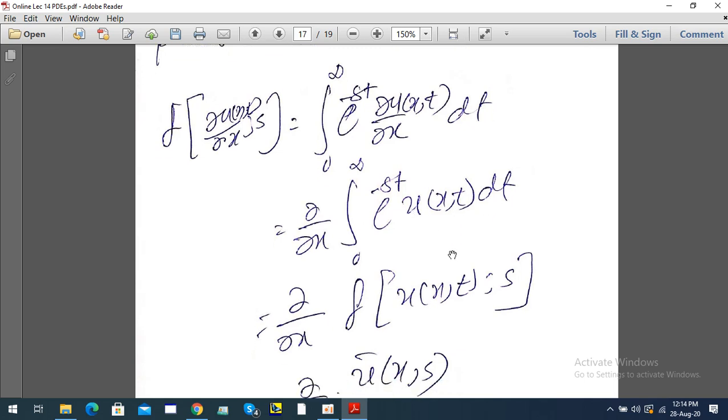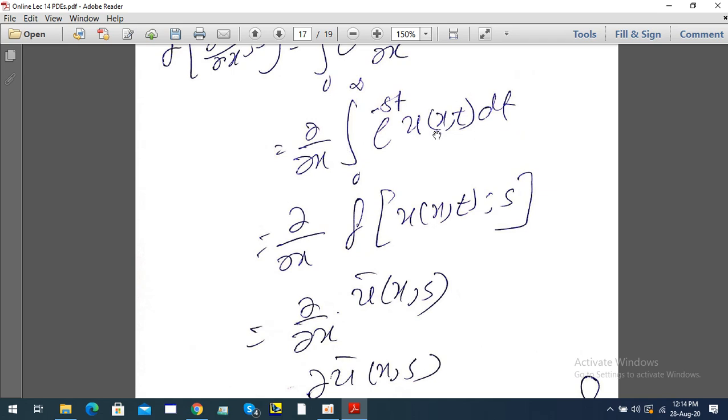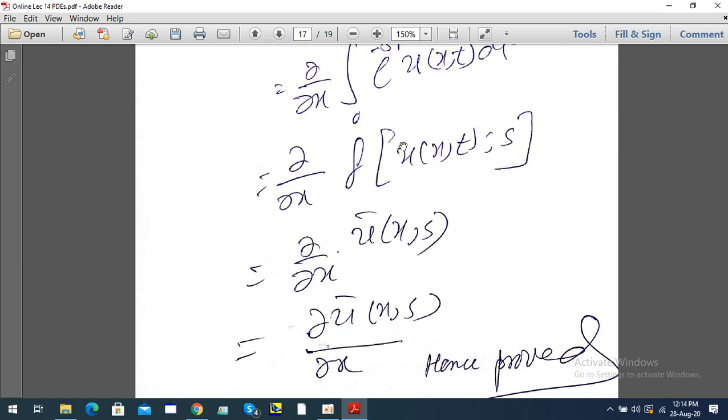So what does it mean by this f of t? If we have e power minus st f of x,t dt, it is the Laplace of this thing. So this is the Laplace of u of x,t, and the Laplace of u of x,t is nothing but u bar of x,s. So that's partial u bar by partial x.